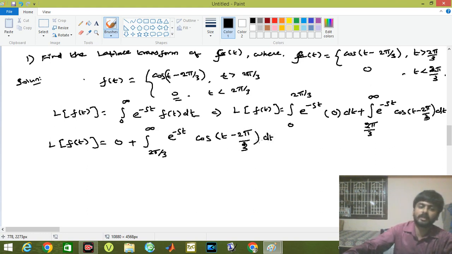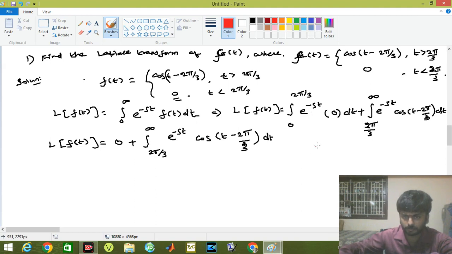So is it possible to solve it directly? No, it is not possible to solve it directly. So for that I am going to use the substitution method. The substitution will be t minus 2 pi by 3 equals x.